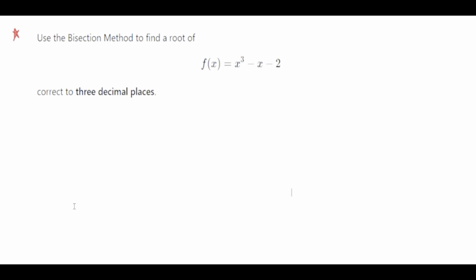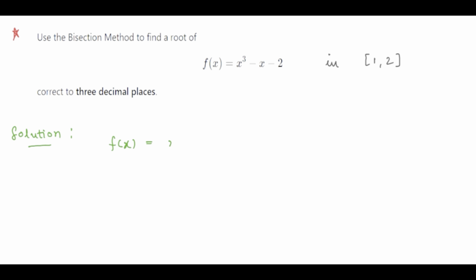Now we have a question. We need to find a root of this particular function that is correct up to 3 decimal places in the closed interval [1, 2]. So firstly we need to define the function f(x) equals x cubed minus x minus 2. We first need an interval where the function changes sign, that is x equals 1 and x equals 2.